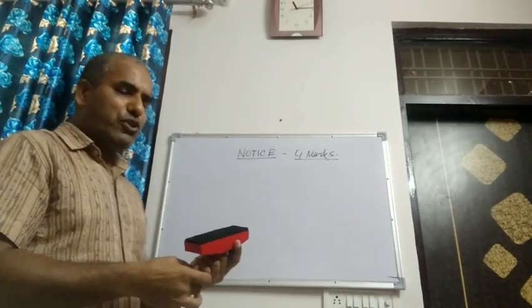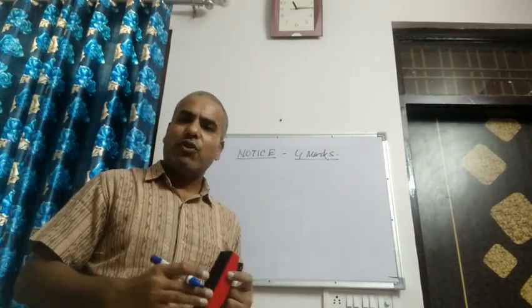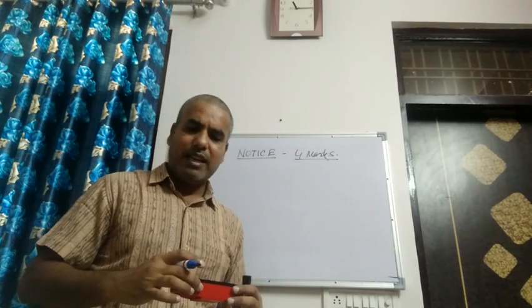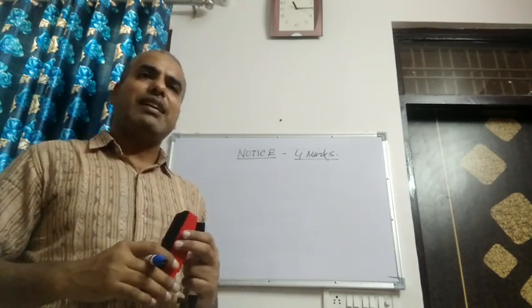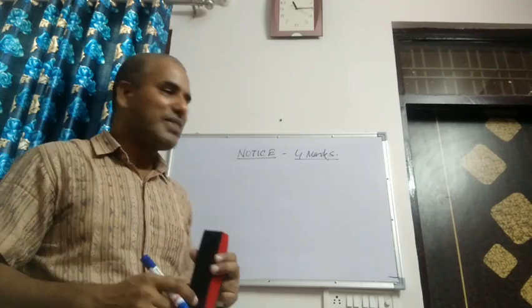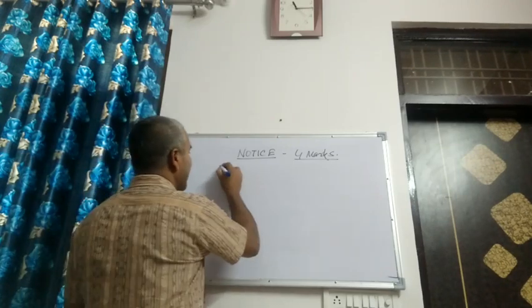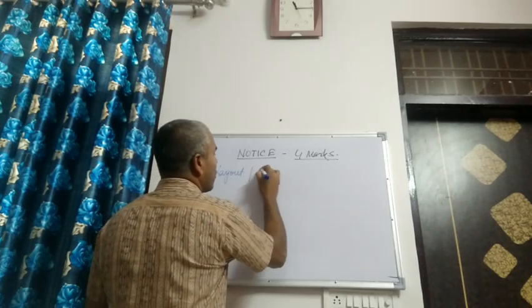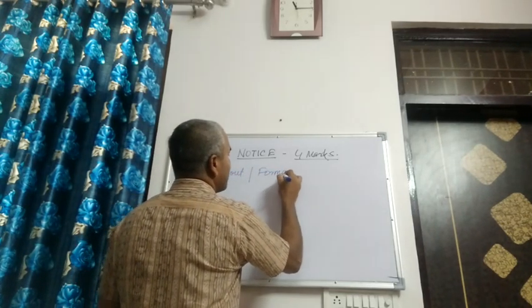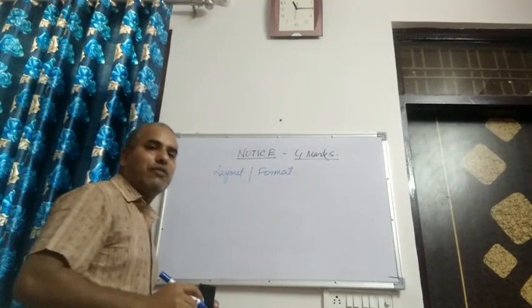There are some tips to have 4 out of 4, and I'm sure if you follow these tips you will get 4 out of 4. Number 1 is the layout, what I call format. Follow the format.